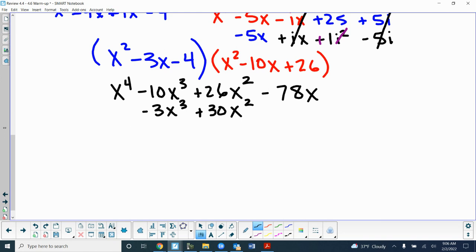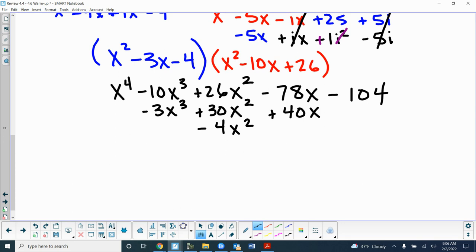And then negative 4 times x squared. And negative 4 times negative 10x is a positive 40x. And negative 4 times 26 is negative 104. All right.